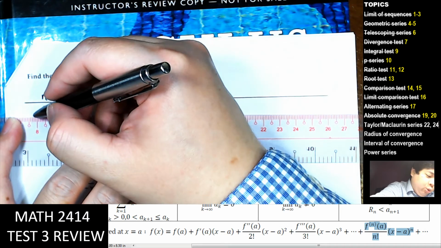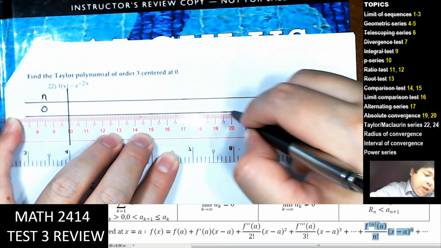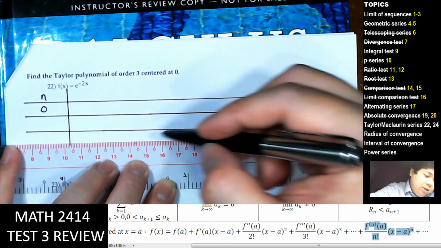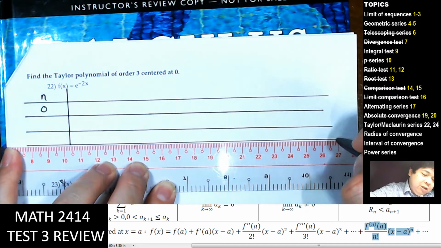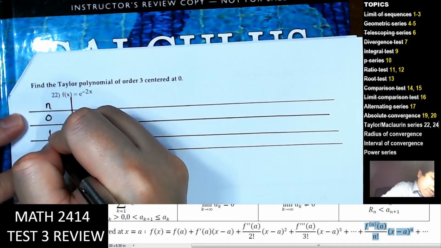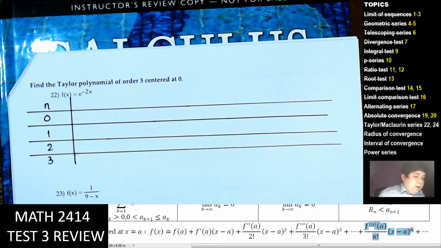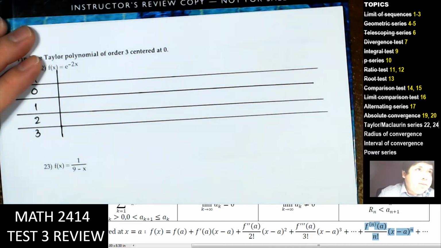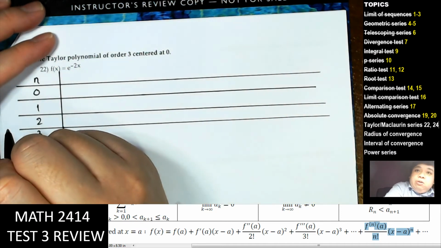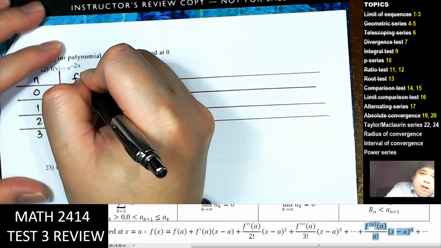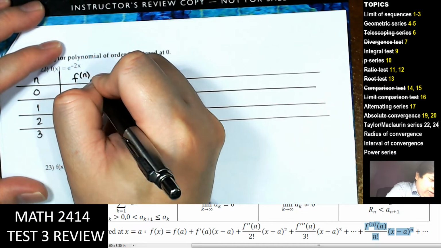So we go up to n equal to 3. One, two, three. The first term is f and derivative.